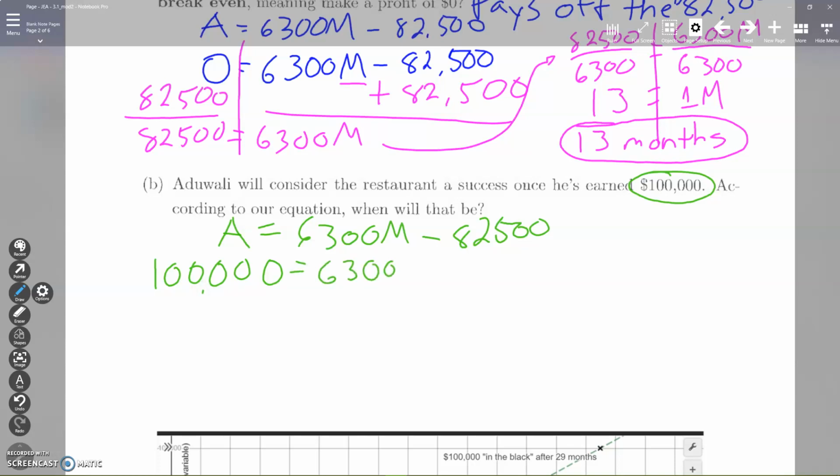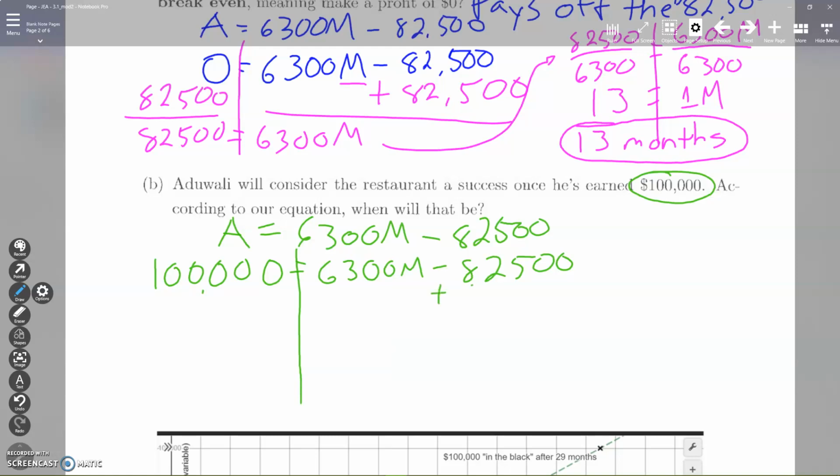We know when he'll be zero ahead, because that'll be after 13 months. But how many months will it take him to get $100,000 ahead, assuming he earns $6,300 every month? Well, we can do the same thing we did before. Split the left side and right side and follow the exact same steps.